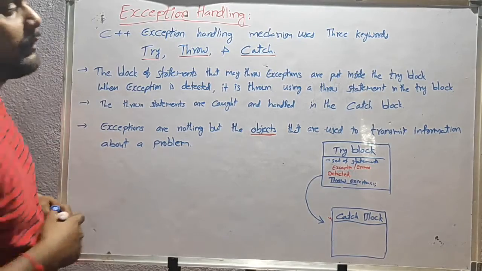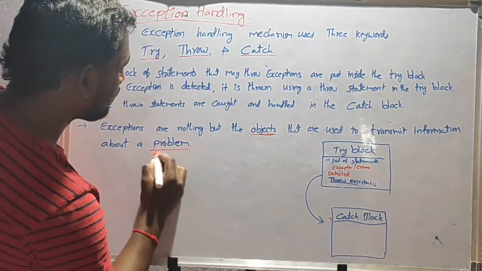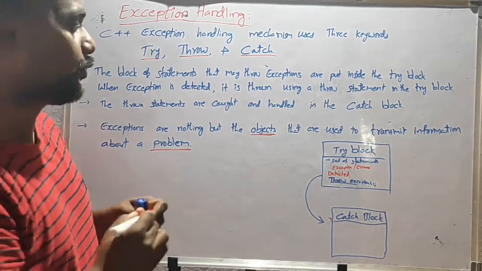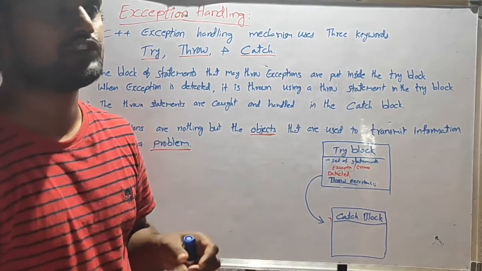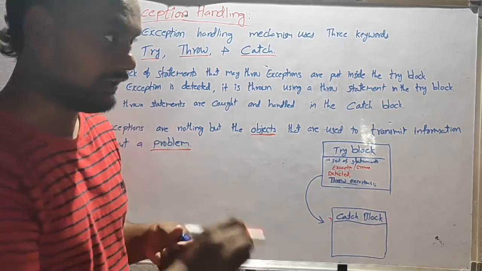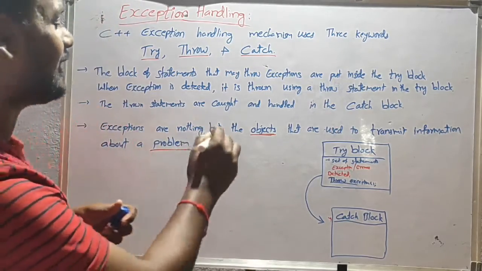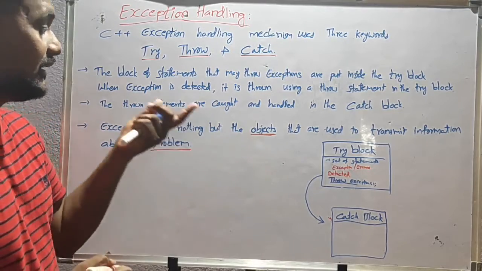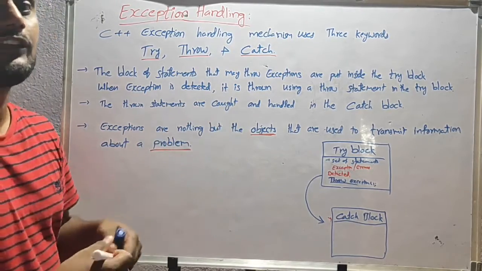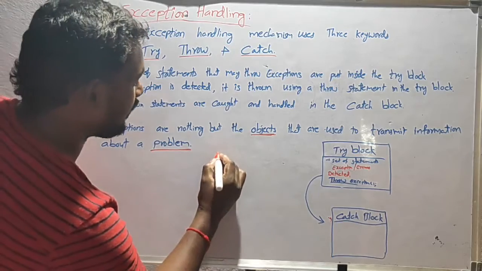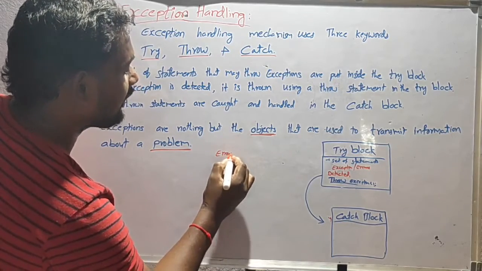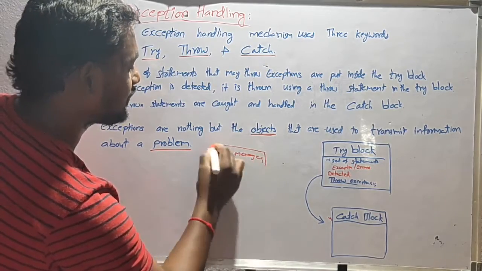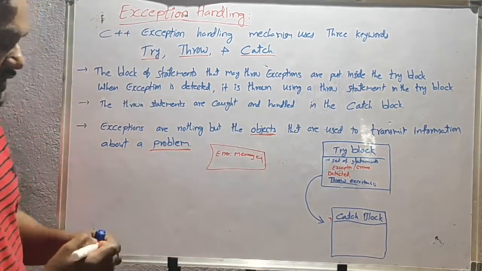The program may have insufficient or incorrect information, and then errors are detected and can be reported in the form of error messages. This is exception handling.